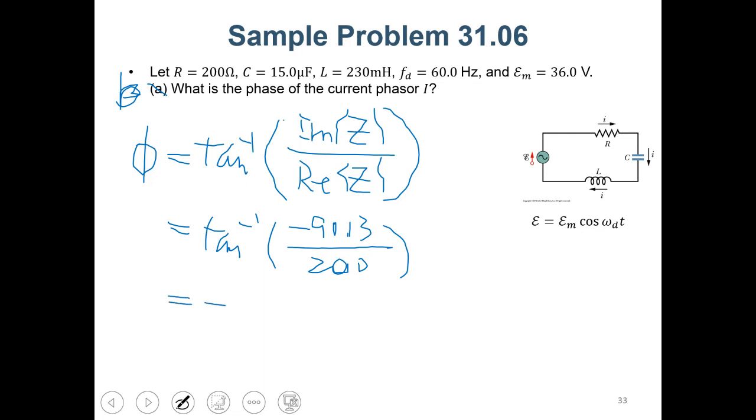So this is minus 24.3 degrees, or if you like radians, it will be minus 0.424 radian. You can pick either one.